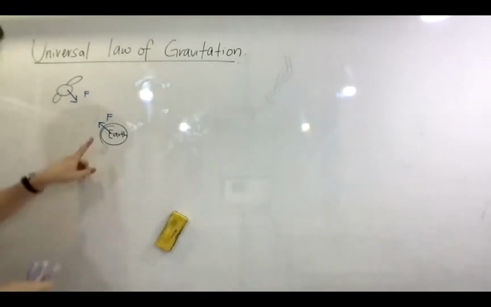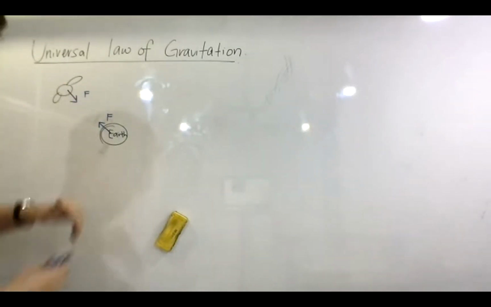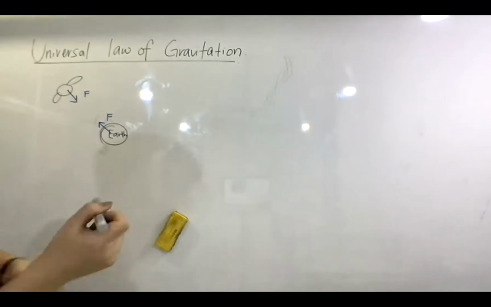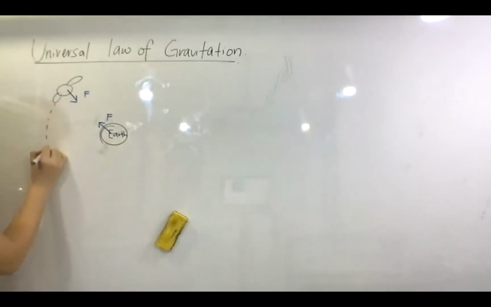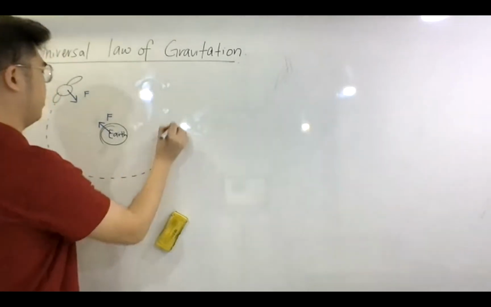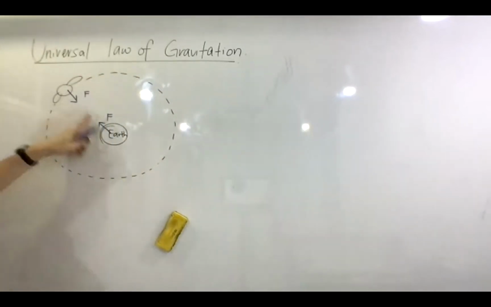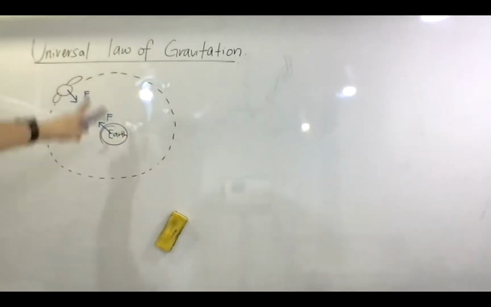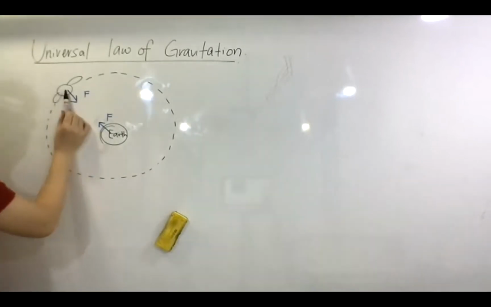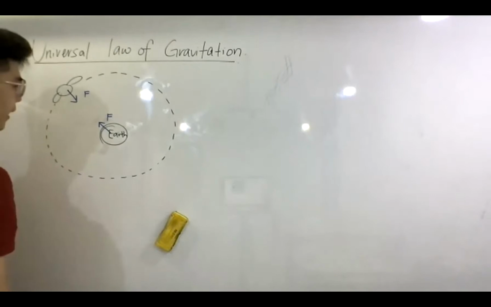We observe that the gravity is pulling the satellite, but the satellite moves in a circular path. Instead of falling towards the Earth, the satellite moves in a circular path. How come? Why wouldn't the satellite just fall towards the Earth like this?